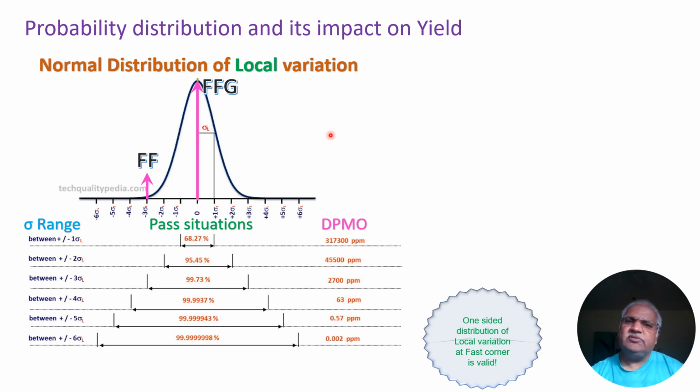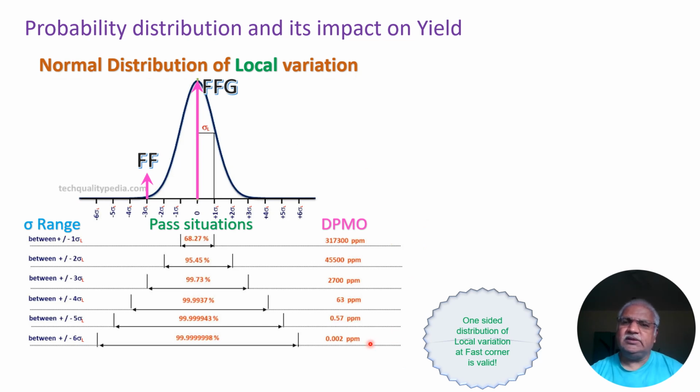In the case of critical auto products, we need to go to plus or minus 6 sigma, so that the DPMO is close to 2 parts per billion. In the same way, in the design implementation phase also, we need to close the design up to 6 sigma. Then only will we get a DPMO of 2 parts per billion.